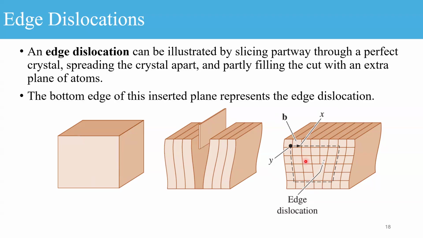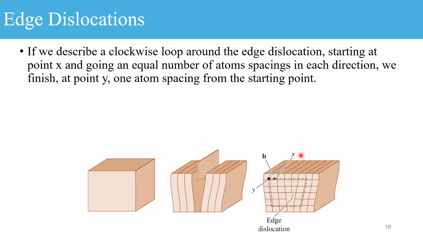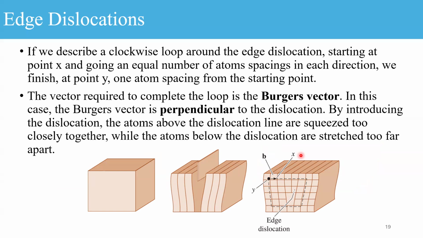However, the only difference is that in this case, the Burger's vector is perpendicular to the edge dislocation, as compared to the screw dislocation where Burger's vector was parallel to the dislocation. So this gives the same description that I mentioned and that you saw in the video. So the Burger's vector is perpendicular in edge dislocation and is parallel in the screw dislocation. That is something you have to remember.